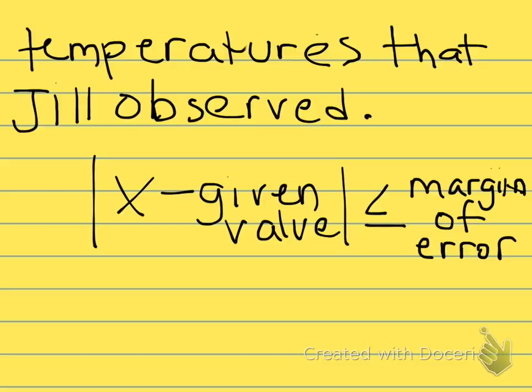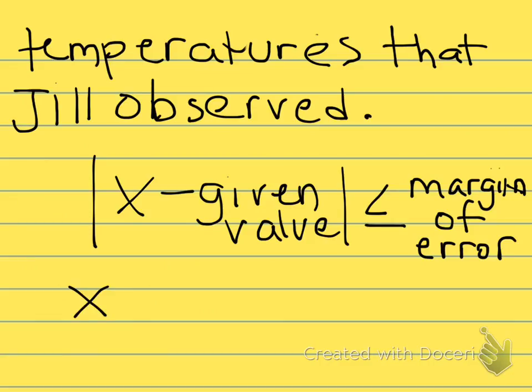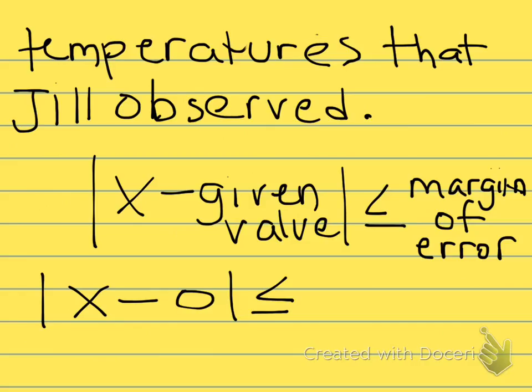So we just need to fill in the given value and the margin of error. So the given value is 0, because it says the melting point of ice is 0, so that's going to be x minus 0. And then less than or equal to stays there, and then it needs to be within 2, so we're going to put 2 on the other side.